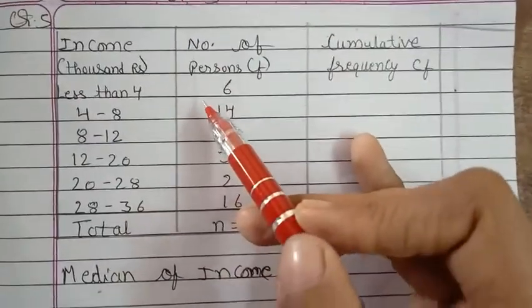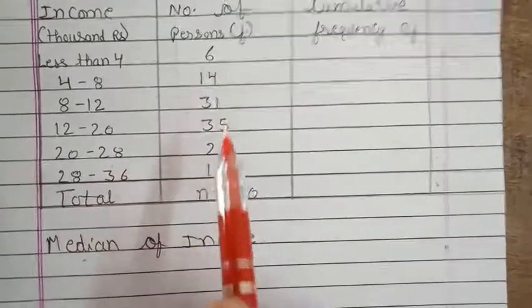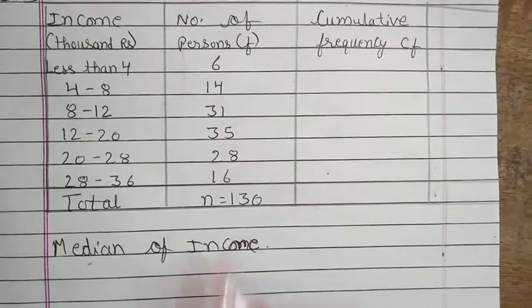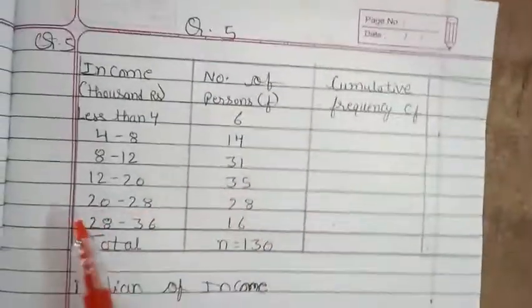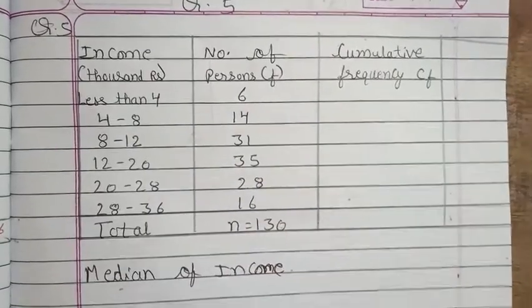Now in question number 5, they have given us the monthly income in 1000 rupees of 130 persons in a certain area and we have to find the median of income. So for the median of income, 3 columns we have to make, only the cumulative frequency we need to find.